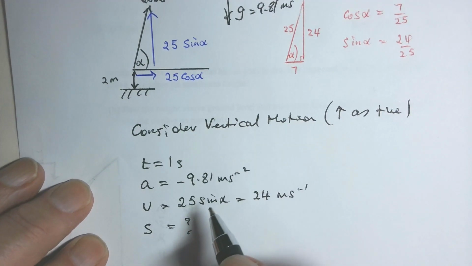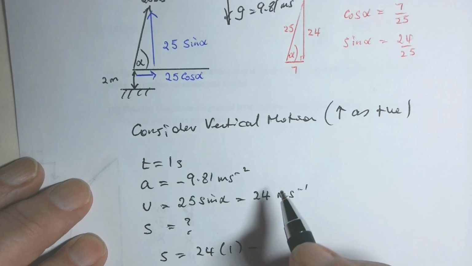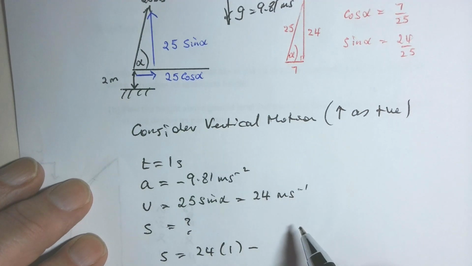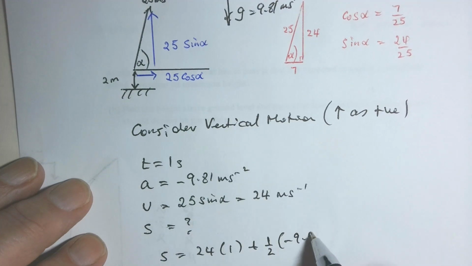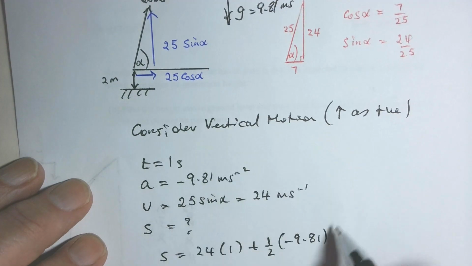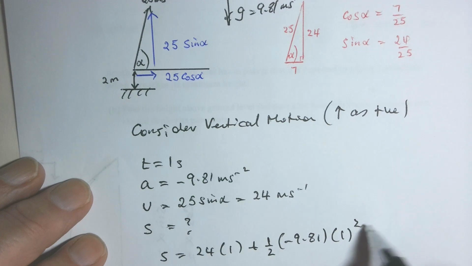So s is u times t plus a half times a, where a is negative, times t squared, and t is 1, so it's 1 squared.